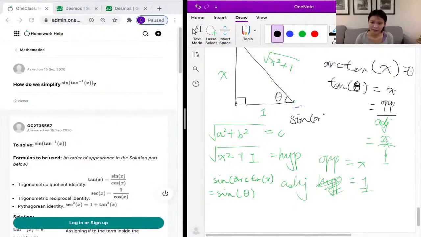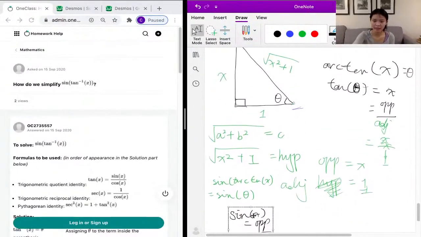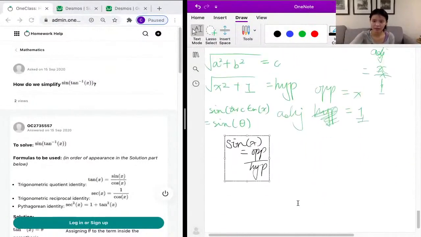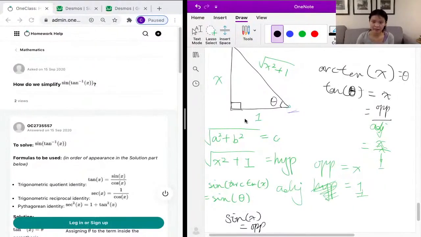We know that sine of x is equal to opposite over hypotenuse. Let's move our final solution down below so that we have a clearer view. In our triangle, the opposite of the angle is x, and the hypotenuse is the square root of x squared plus 1.